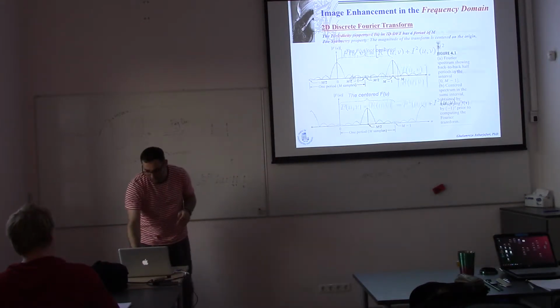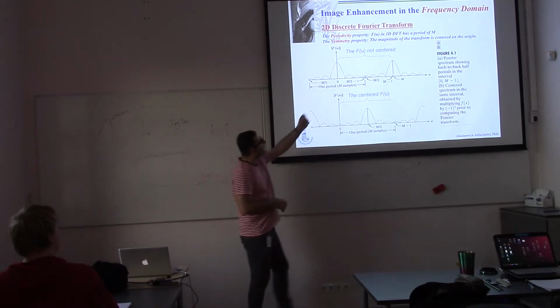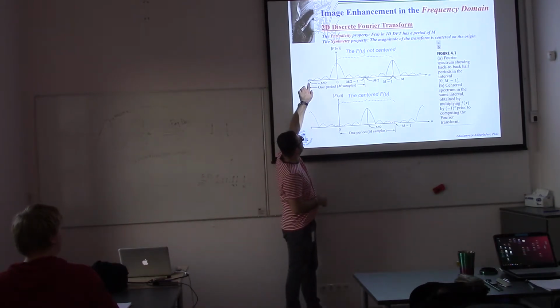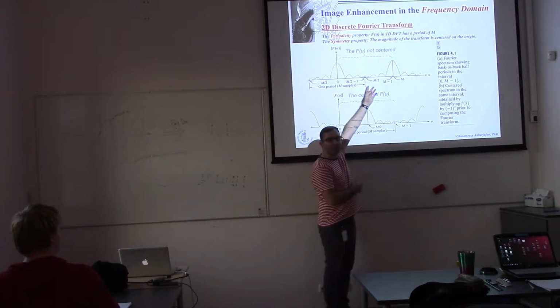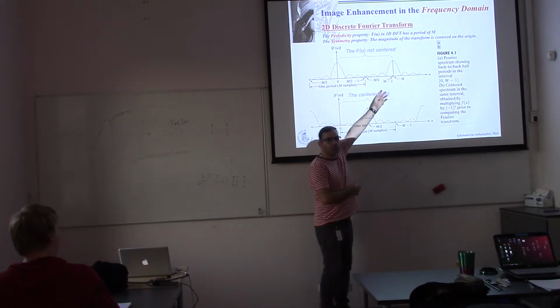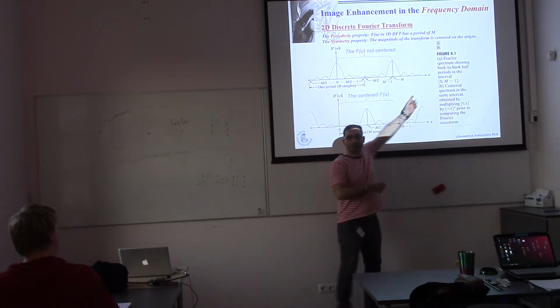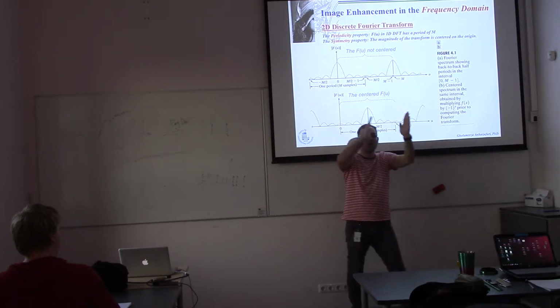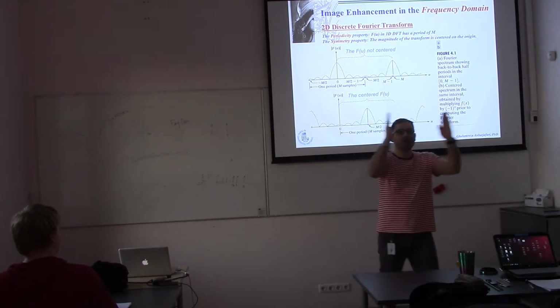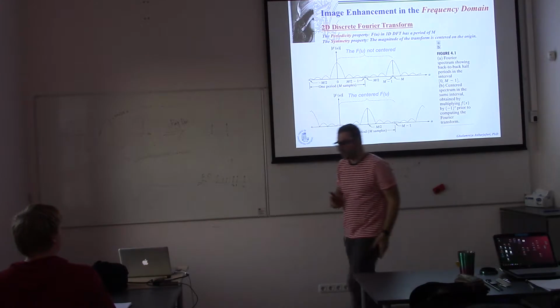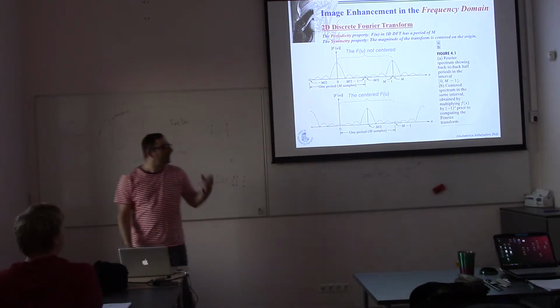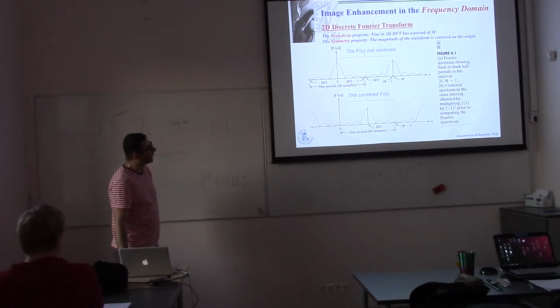For example, you can take from minus M over 2 to M over 2. This is one period, or you can take it from 0 to M. It doesn't matter. This is called shifting. We will use it when we talk about images and how the frequency would look like.